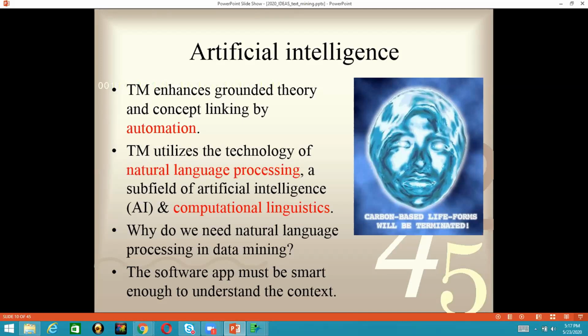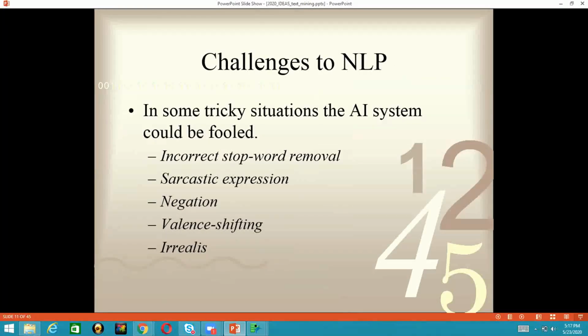So now we have an automated process. Of course, this is much more efficient than reading the text by hand, by humans. The problem is, there are quite a few challenges to natural language processing. In some tricky situations, the AI system can be fooled.